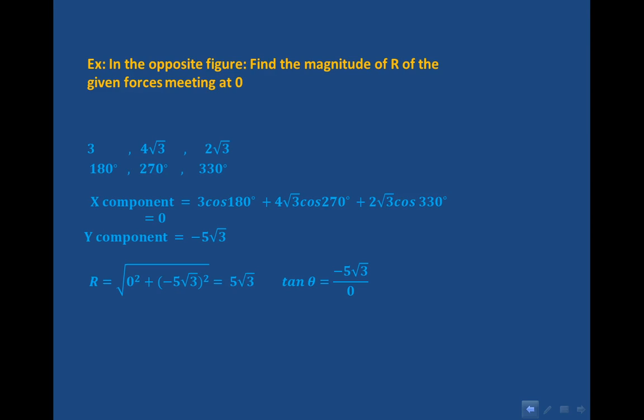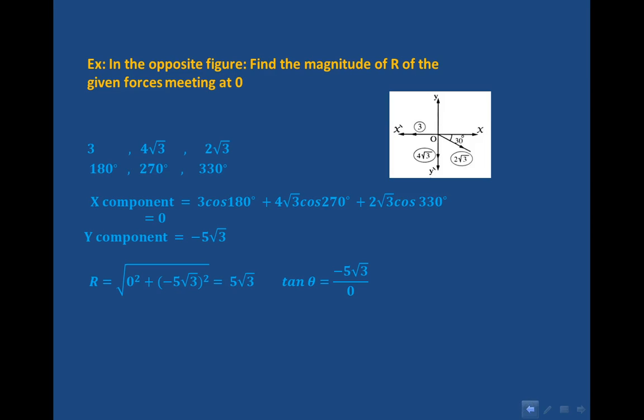The second force is 4 root 3, and the measure of its angle with the positive x direction equals 270. Also, the last force is 2 root 3, and the measure of the angle between this force and the positive x direction equals 330 degrees.